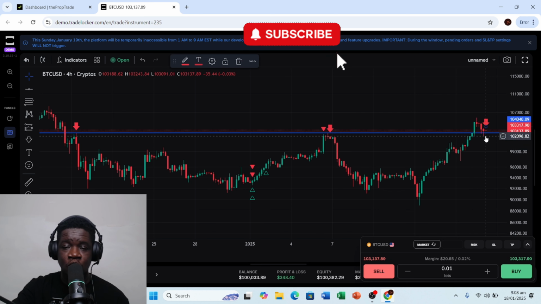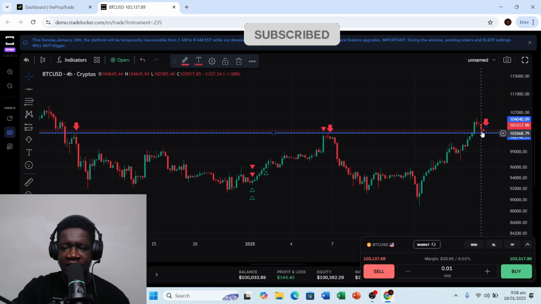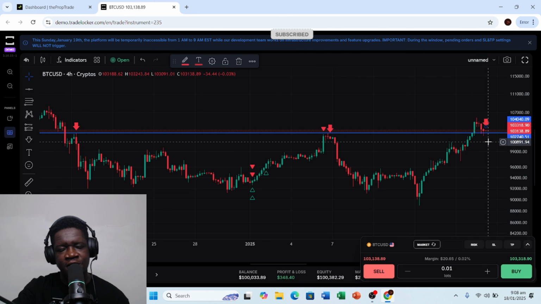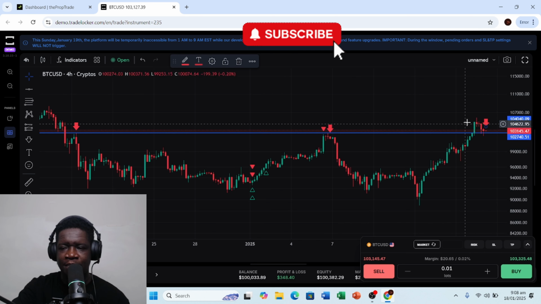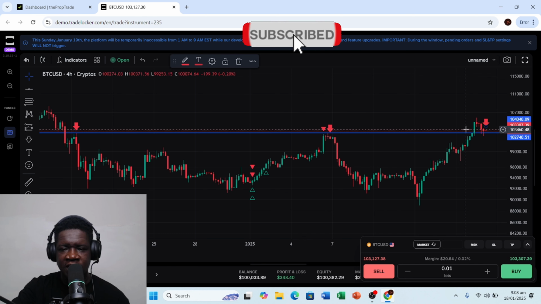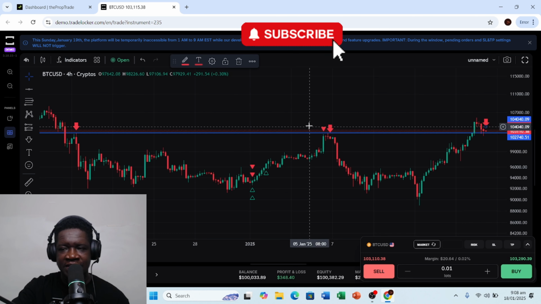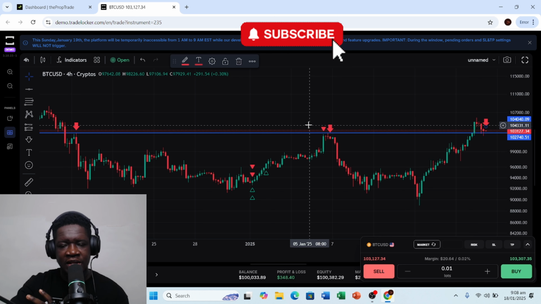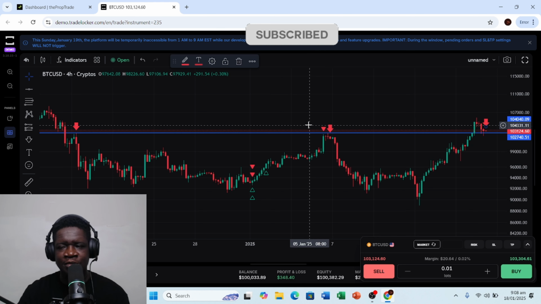If you would also want to sell, you can wait for the candlestick here to break the support to the downside, and then you can place your sell order, with your stop loss just above the support. Basically this is our analysis for Bitcoin, and Bitcoin can be found in the crypto markets.